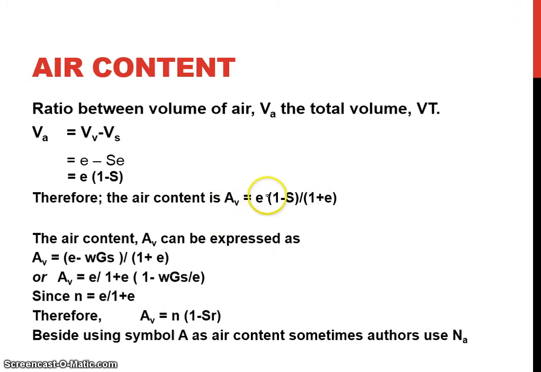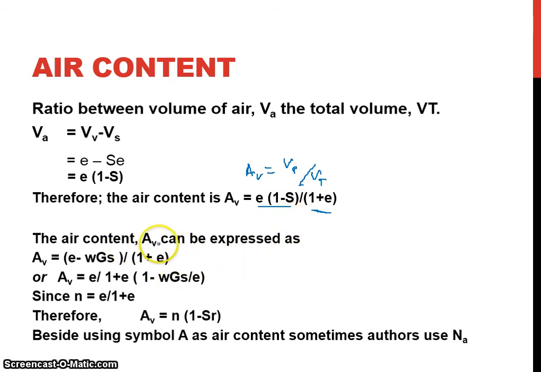The air content is the ratio of Va to V total. So I missed the equation here. The air content equation is V sub A over V total, where V total is 1 plus e and Va is e times 1 minus the degree of saturation.